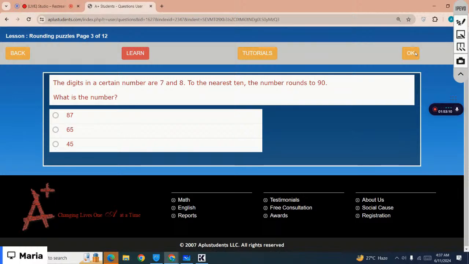The digits in a certain number are 7 and 8. To the nearest 10, the number rounds to 90, which is the correct option.